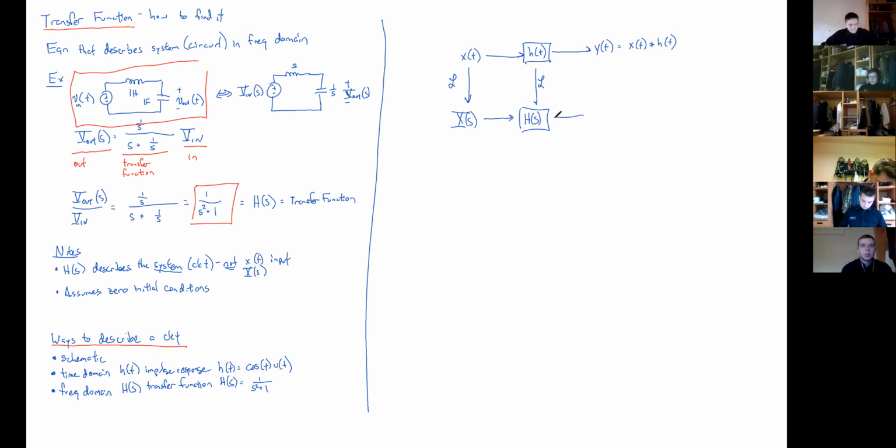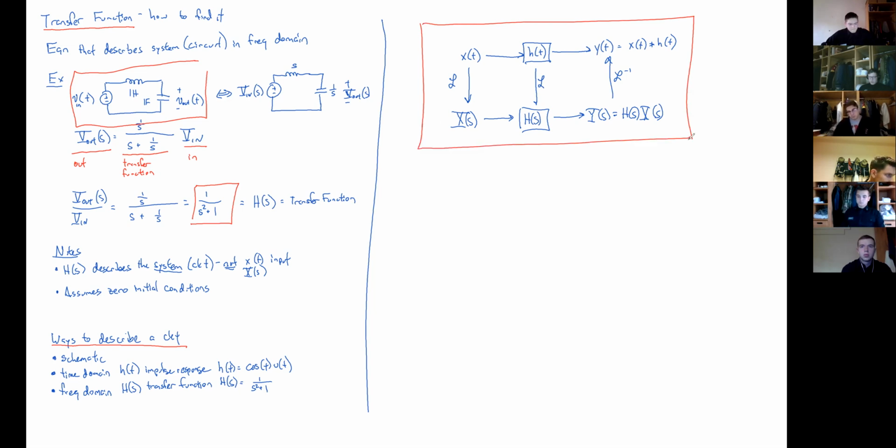You put this in, and now instead of having to convolve, you can just multiply. And then you can inverse Laplace transform them out. So this is sort of the Rosetta Stone that links everything we've talked about so far in this class all together.